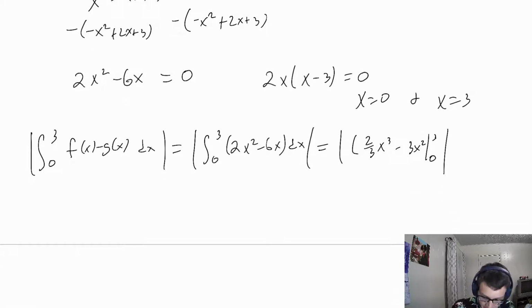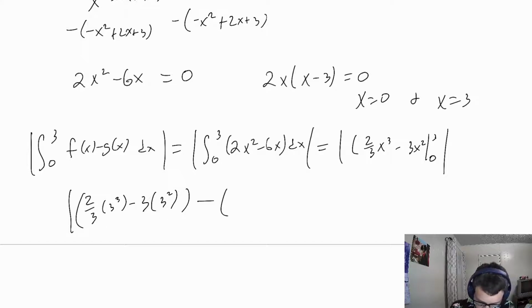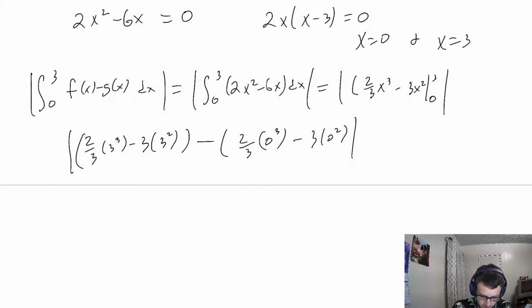If we evaluate this, we end up with the absolute value of 2/3 times 3 cubed minus 3 times 3 squared, minus 2/3 times 0 cubed minus 3 times 0 squared, all in an absolute value.